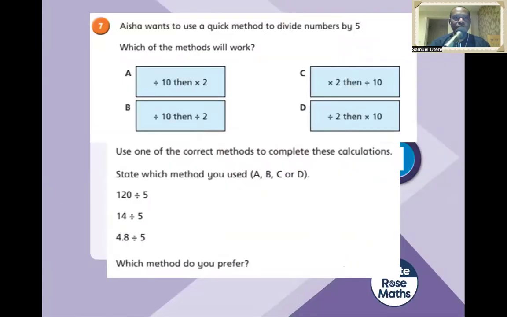Okay, so here you're told Aisha wants to use a quick method to divide numbers by 5. Which of the methods will work? Then use one of the correct methods to complete these calculations.